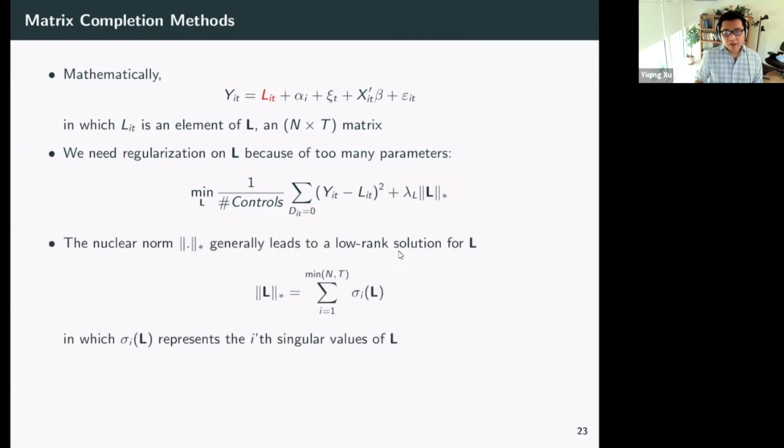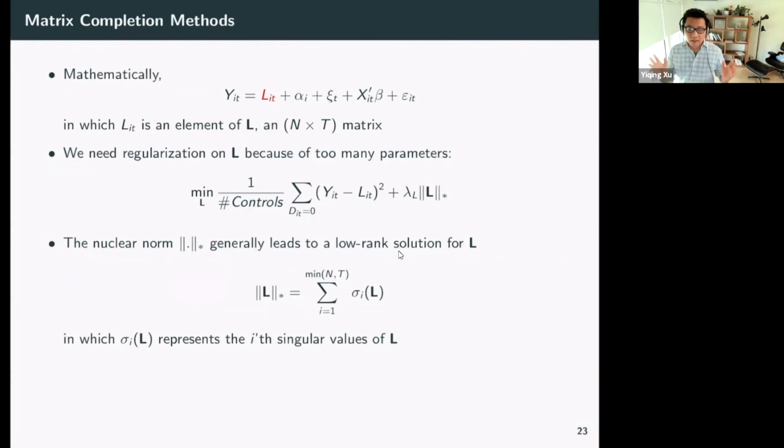You can impose different types of regularization on the L matrix. In the paper, the authors use the nuclear norm. Nuclear norm is basically putting regularization on the eigenvalues of the L matrix. Here, for simplicity, we are not discussing covariates or additive fixed effects. You can imagine we simply partial them out.